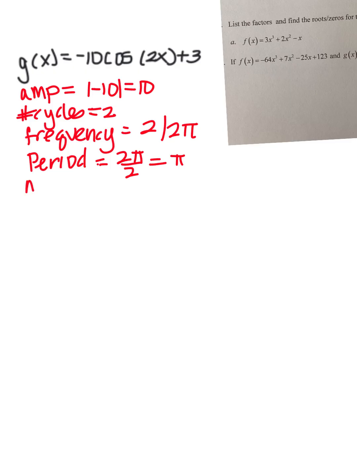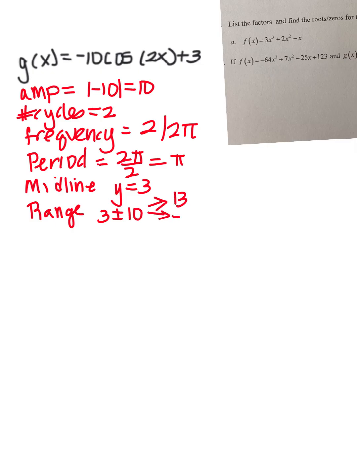Next thing we want is midline. That's y equals 3. Range is going to be midline plus minus the amp. So that's 13 to -7. So that's your range, -7 to 13.